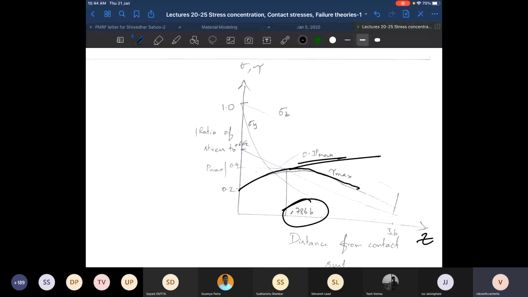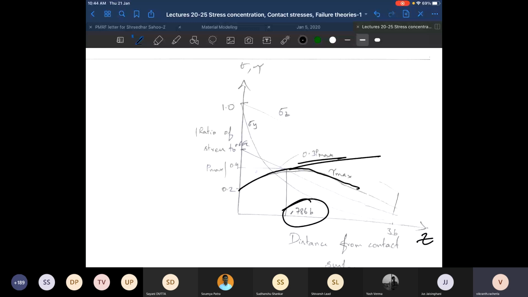One major implication of this is that whenever you are looking at a fatigue failure, the failure will get initiated at the location where von Mises stress is highest. So in railway application, rolling contact fatigue failure gets initiated from underneath the surface, not on the surface.